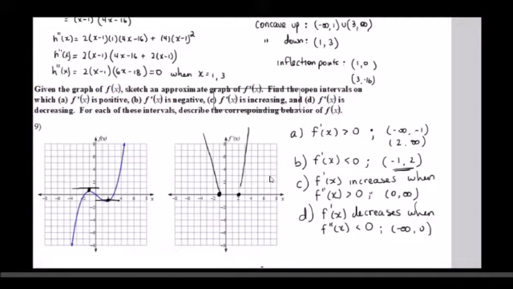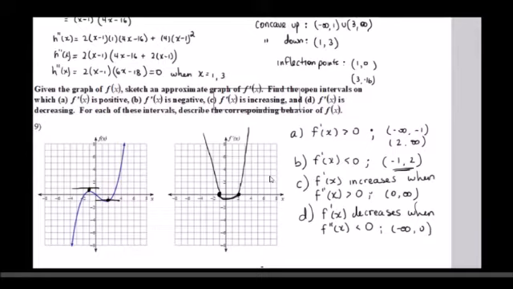And then for part C and D, well, let me finish with part B. To be below the x-axis, looks like we're going to have a little piece that dips down, like that. Okay. And then let's just make sure our graph fits with the description in parts C and D.